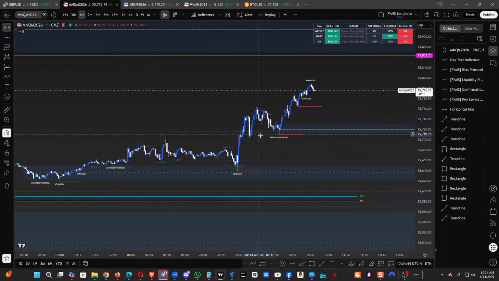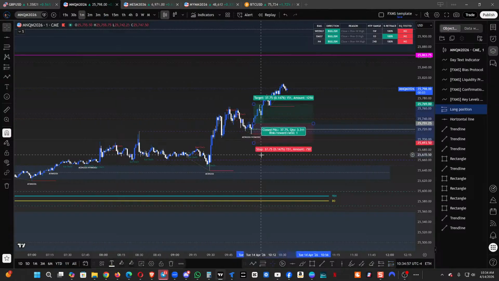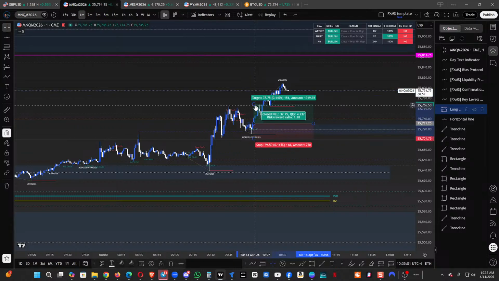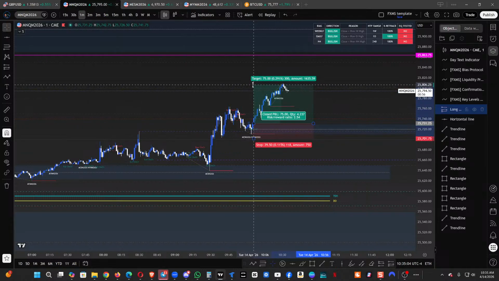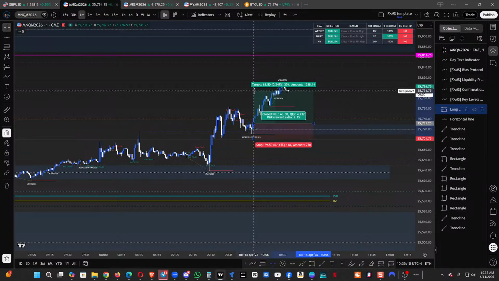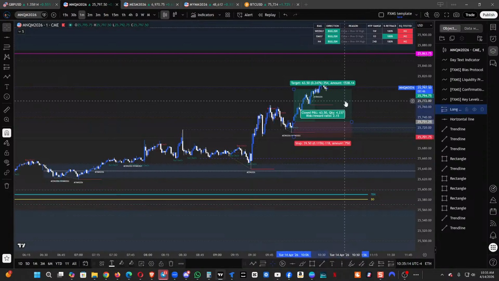The entry would have been after closing back above this low, which happens right here on that change of character push. Then we have a stop under here, which is about 30 points. Right now the high is potentially at 76 points, but we're at 2R right where it is right now.